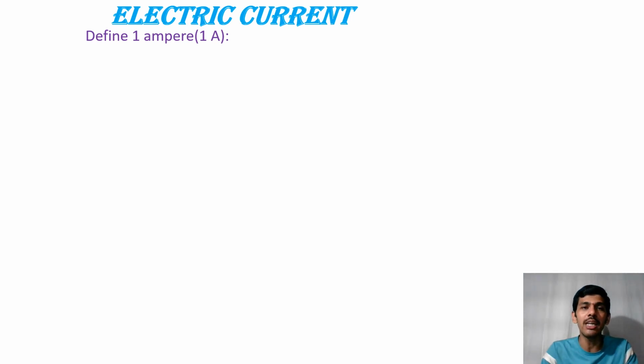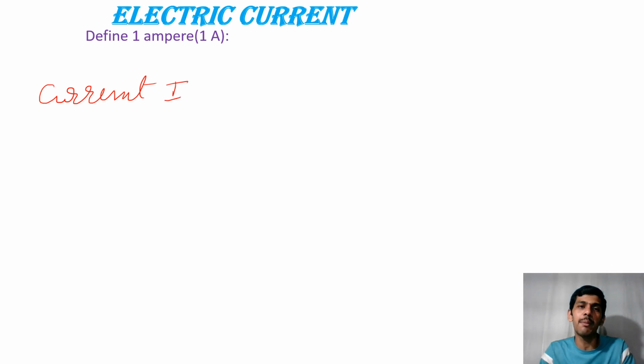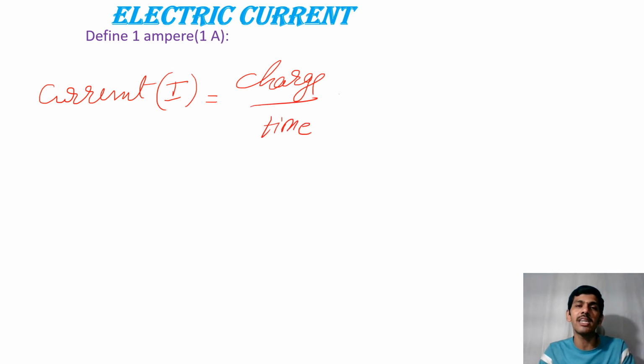Coulomb is the unit used to measure charge. But current is represented by the letter I, not C, which is equal to the charge divided by the time, that is Q by T.